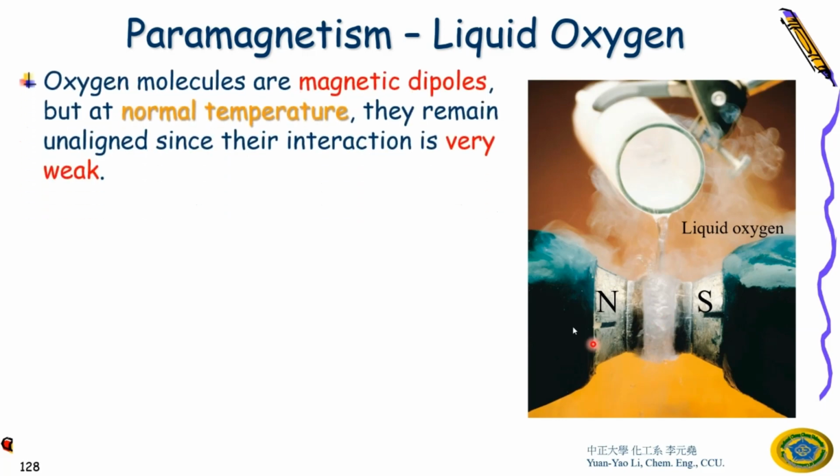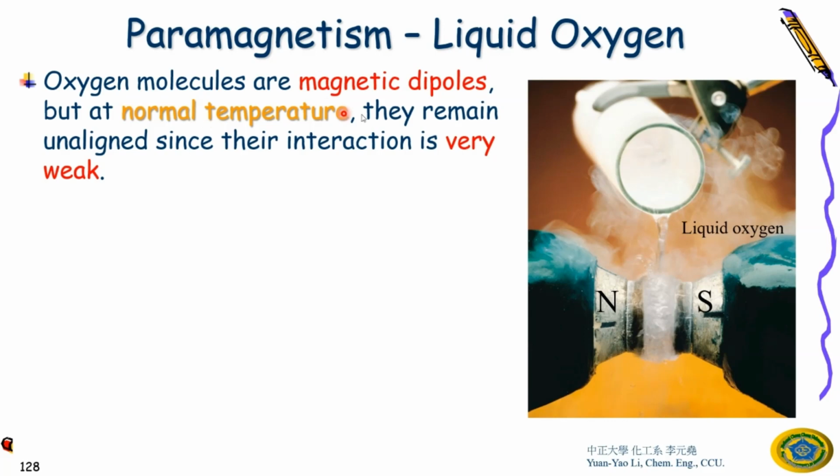The oxygen molecules are magnetic dipoles, but at normal temperature they remain unaligned since their interaction is very weak. When you talk about temperature, think of energy: high temperature means high energy, low temperature means low energy.